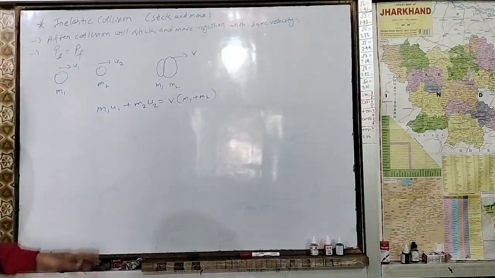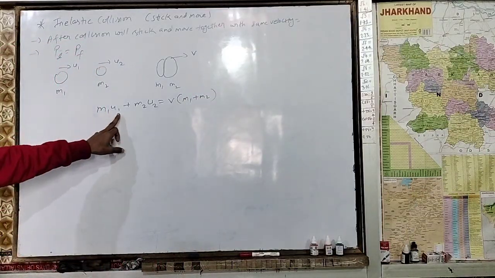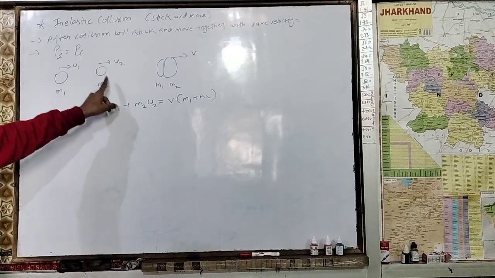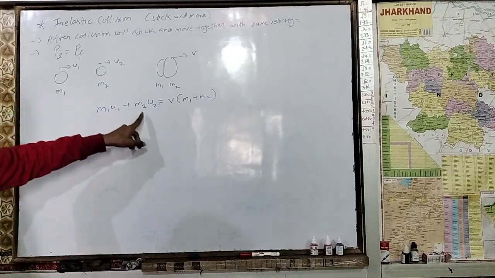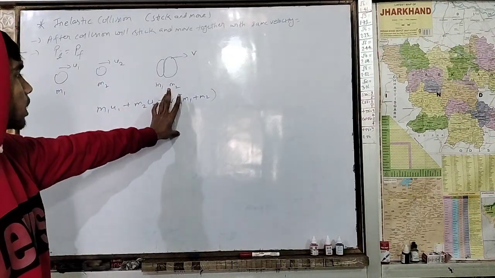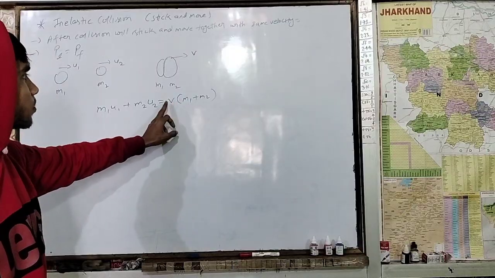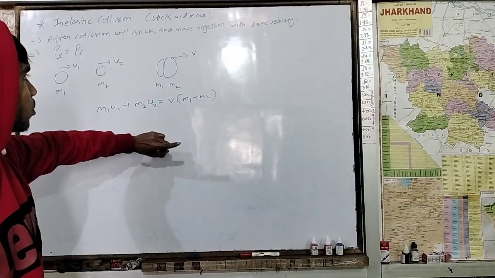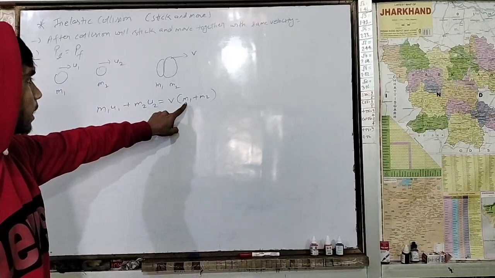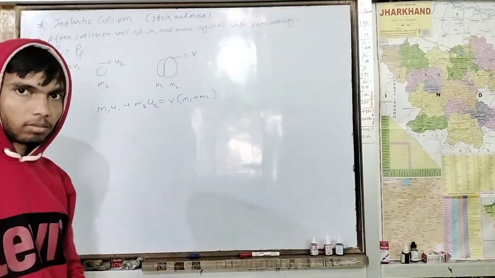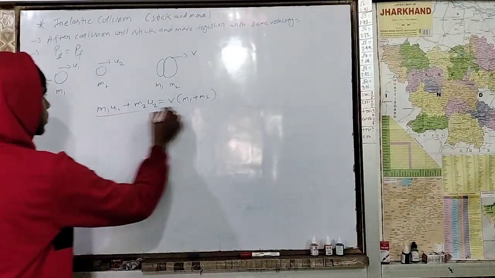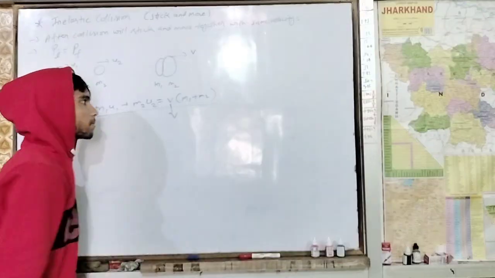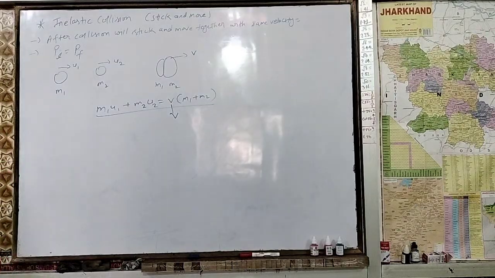Momentum for the first body is m1 into u1, and momentum for the second body is m2 into u2. After collision, this velocity v is common for both, so it is multiplied by (m1 plus m2). The reason is both are stuck.